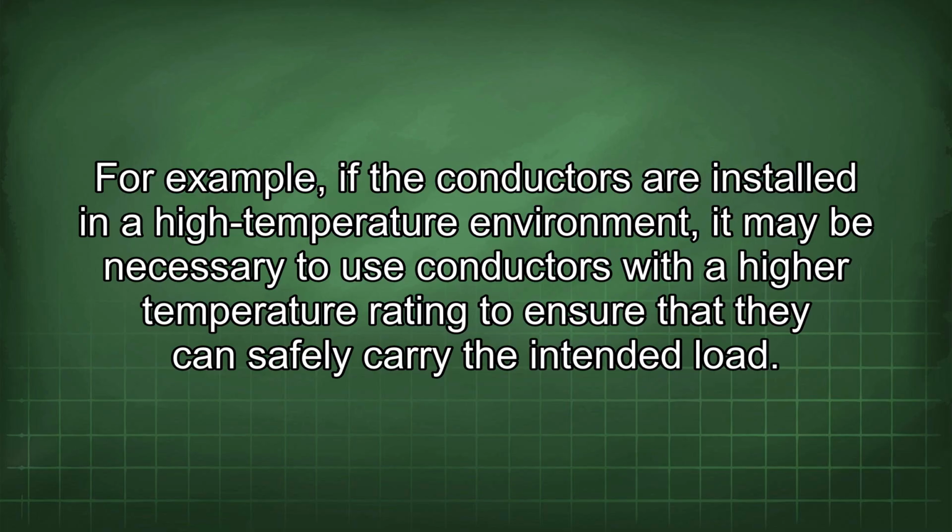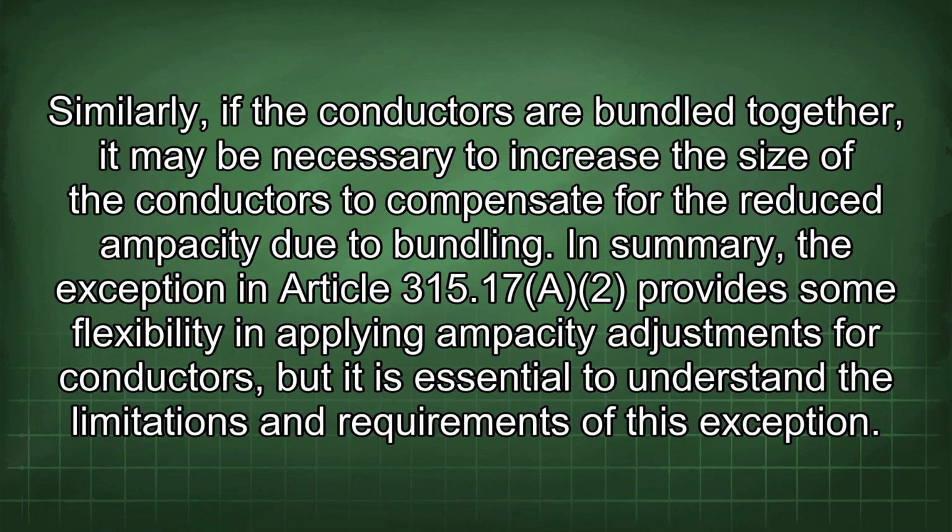For example, if the conductors are installed in a high-temperature environment, it may be necessary to use conductors with a high temperature rating to ensure that they can safely carry the intended load. Similarly, if the conductors are bundled together, it may be necessary to increase the size of the conductors to compensate for the reduced ampacity due to bundling.